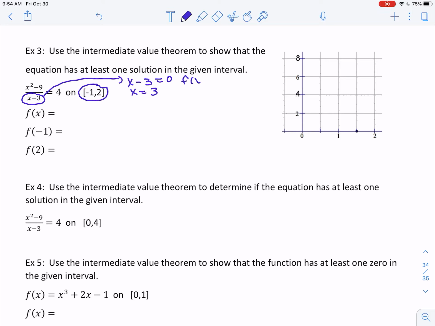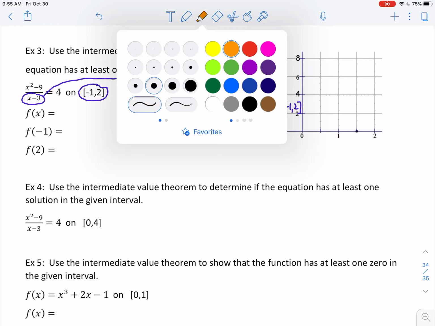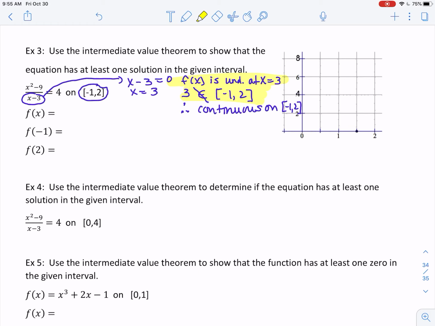So we're gonna write f of x is undefined at x equals 3. 3 is not in the interval -1 to 2, therefore continuous on that closed interval -1, 2. Okay, so there we have to start, always have to start with our continuity statement. It is continuous.